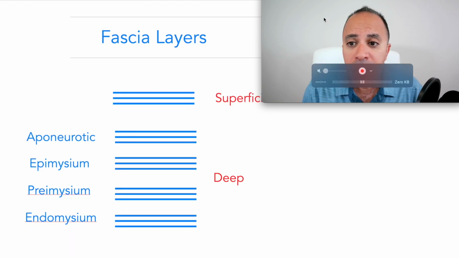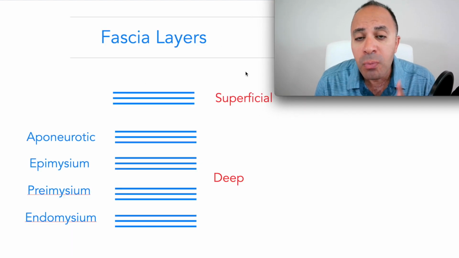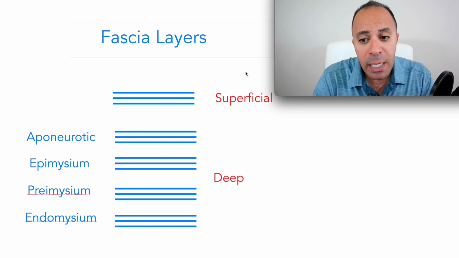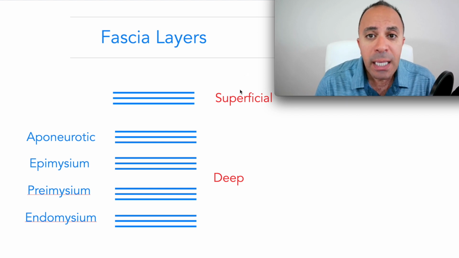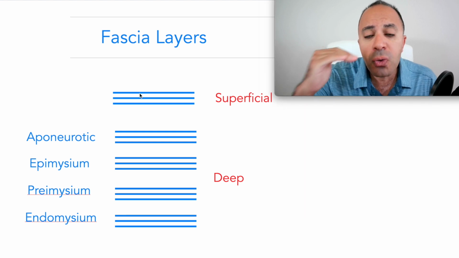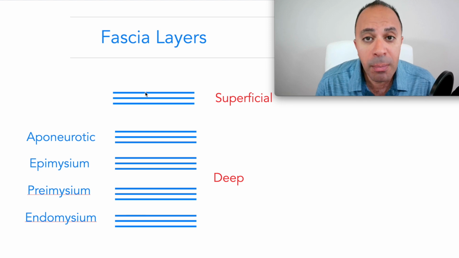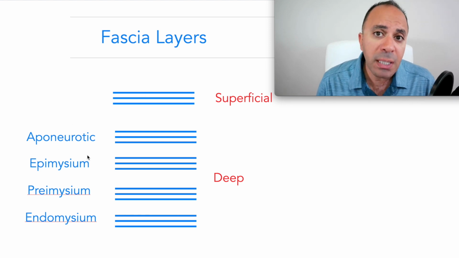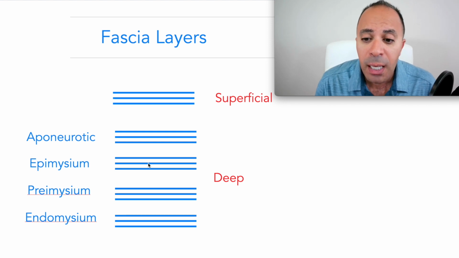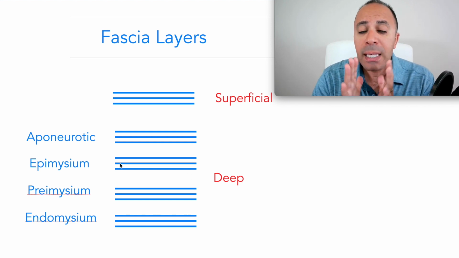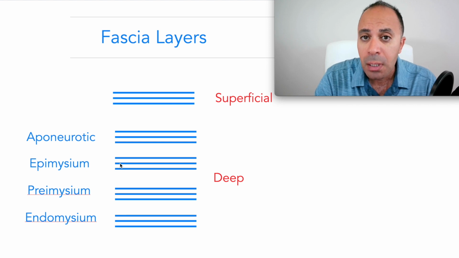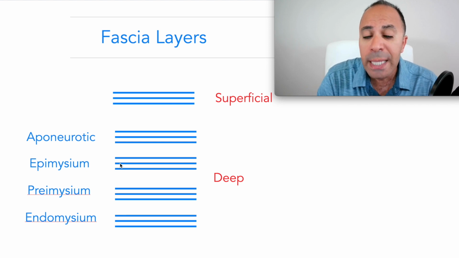The body is divided into two main categories of fascia, superficial layer and deep layer, and each category has 2 to 3 sublayers. So the superficial layer has 2 to 3 sublayers, and each of the subcategories of the deep layer has 2 to 3 layers. It's a very complex system. That's why you need several tools to release it.